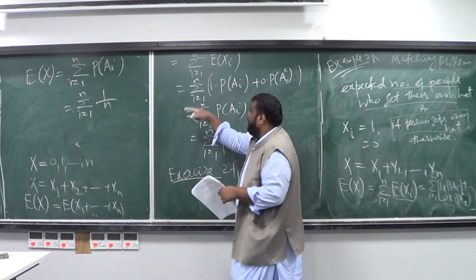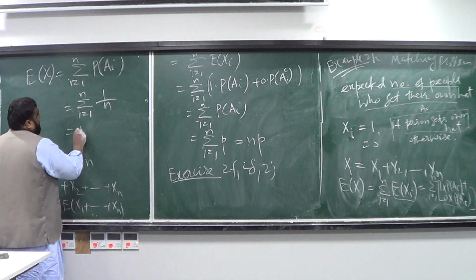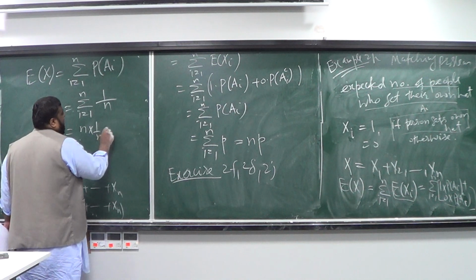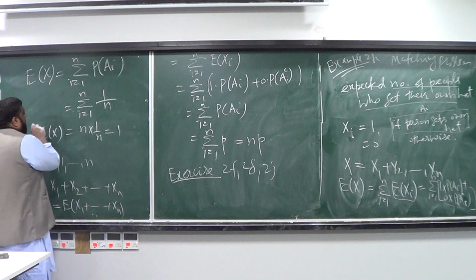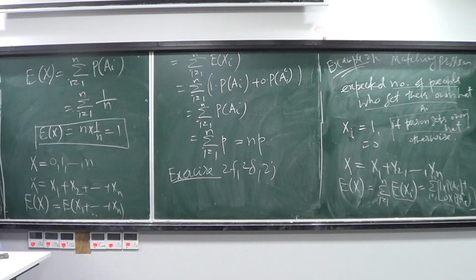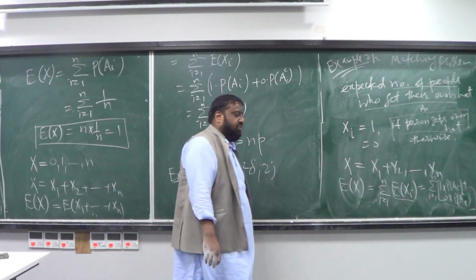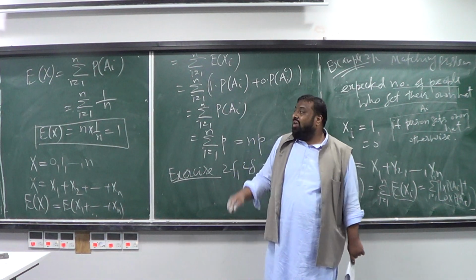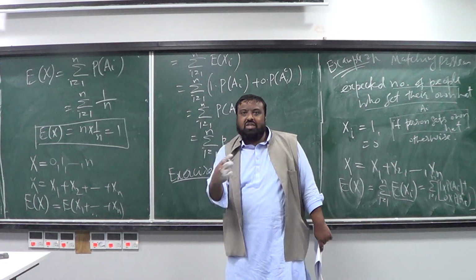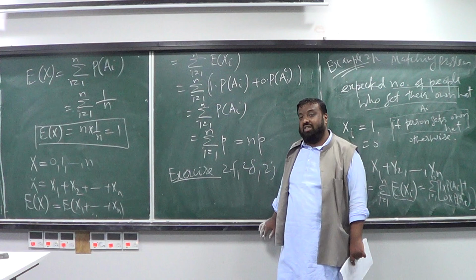So you are summing 1 over n for n times, which is n times 1 over n, equal to 1. That's a very interesting result: if you have n people who throw their hats in the middle of the room and then take them back, on average there will be one person who gets his own hat.